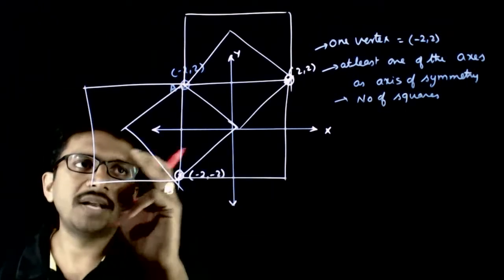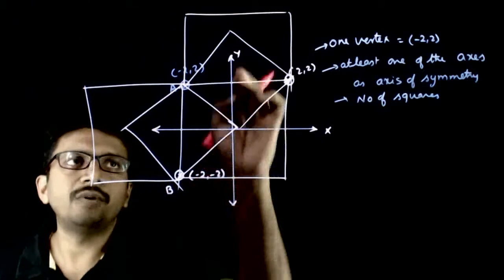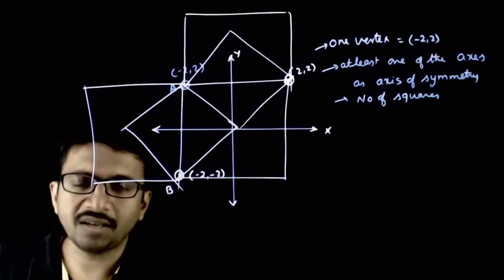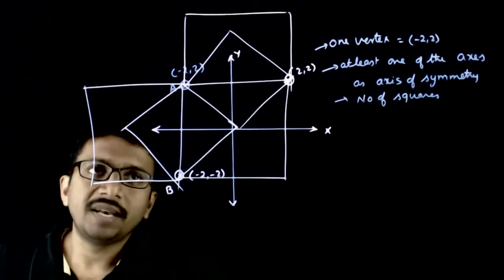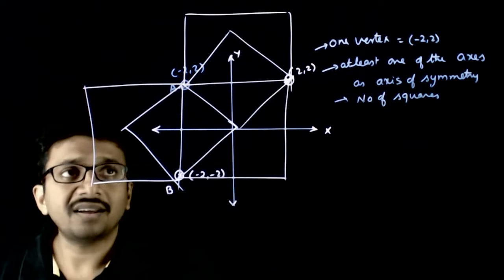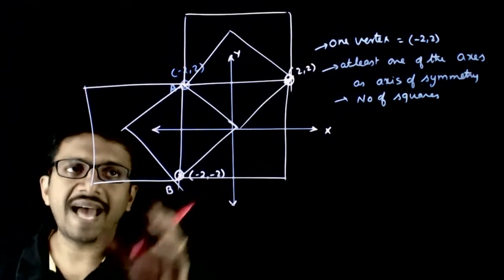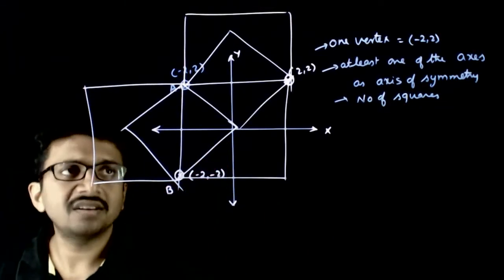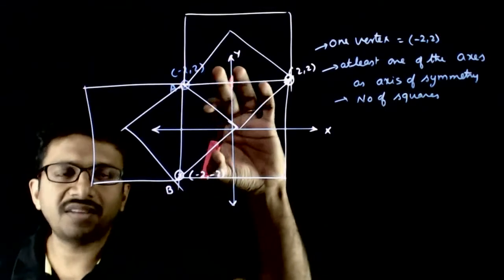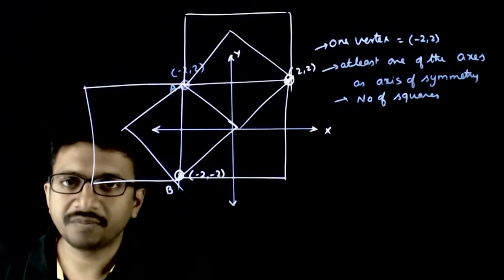So till now you get 1, 2, 3, 4, 5 squares. Next, is there a square which is symmetric about both axes? If the axis of symmetry is the x-axis, you have three cases. If the axis of symmetry is the y-axis, you have three cases, but you have one case in common.